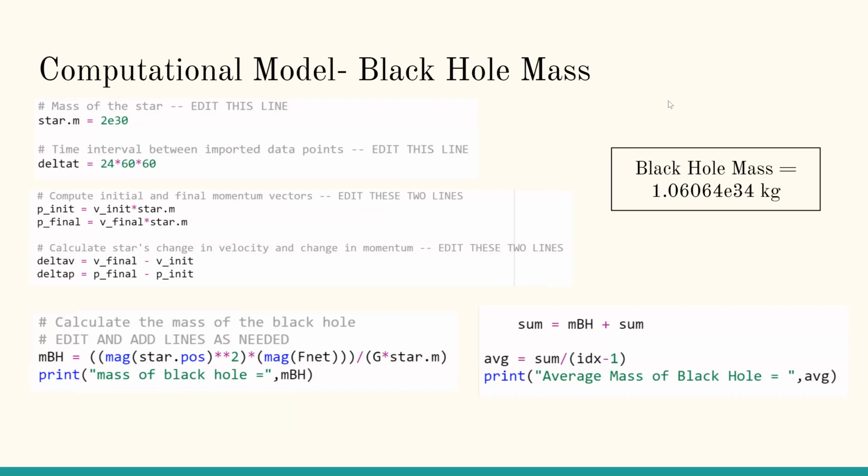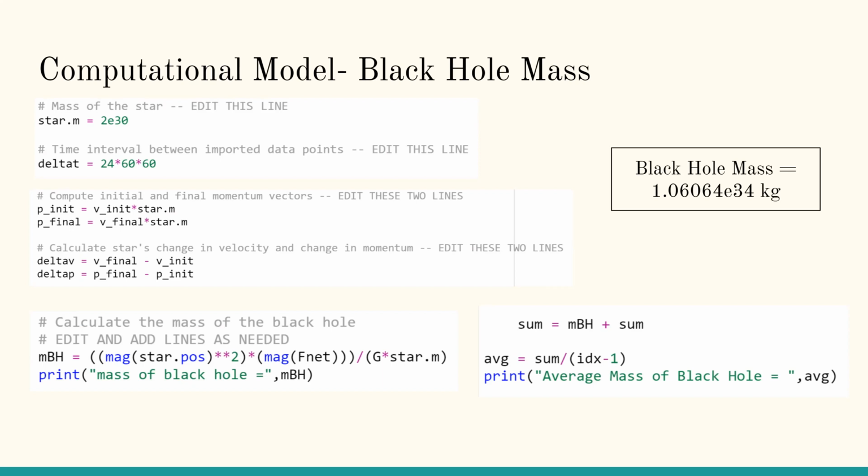So the computational model for part 1: we input the star's mass and then converted the day into seconds, so 1 day into seconds, which is 24 times 60 times 60. And then we used the momentum formula, momentum equals mass times velocity, and calculated the change in momentum and the change in velocity.